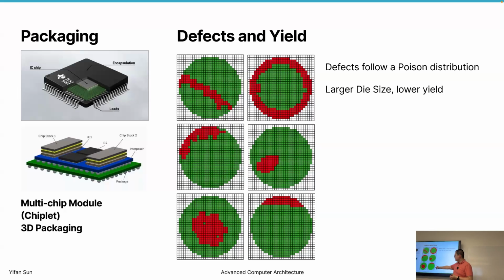Then the larger your die size, each chip, the more likely that a piece of dust will fall on it, right? That means a larger die size generates lower yield. So that's why larger high-end chips are so expensive, because while you are producing this number of chips, a lot of them have to be discarded.